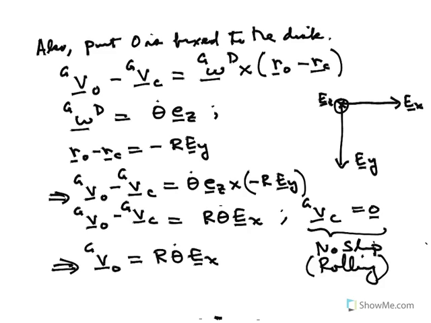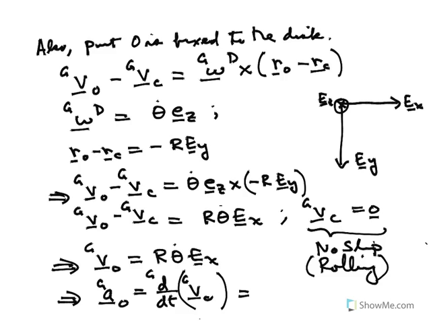And from that, we can very quickly get the acceleration of point O. The acceleration of point O is just equal to the rate of change in G of the velocity of point O, but because EX is fixed to the ground, this just becomes R theta double dot times EX.